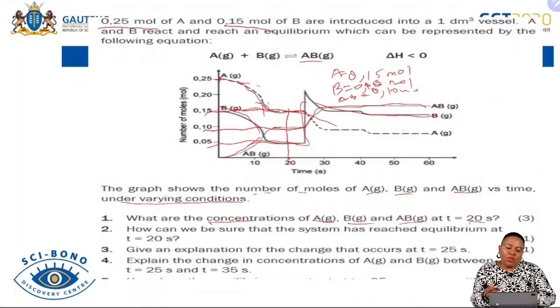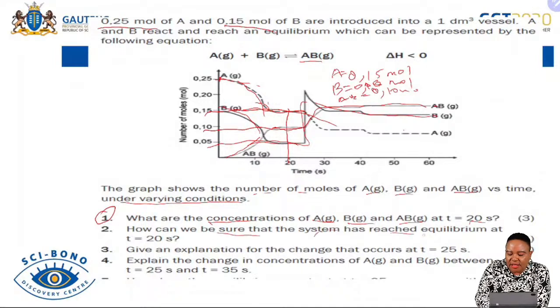So here on our question number 1, it was just to say, how can we interpret the graph? And then how can we be sure that the system has reached equilibrium at T20? You can see that the number of moles of each substance is not changing, it is constant. So definitely this means that equilibrium has been reached.